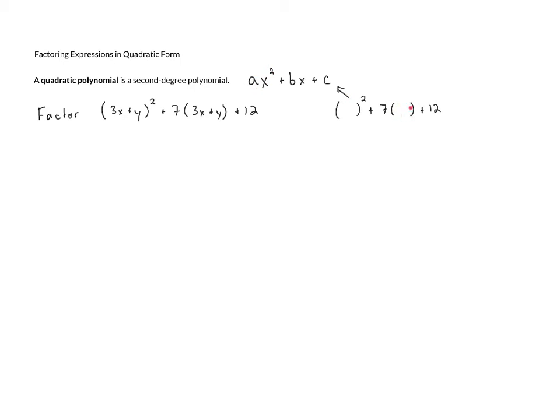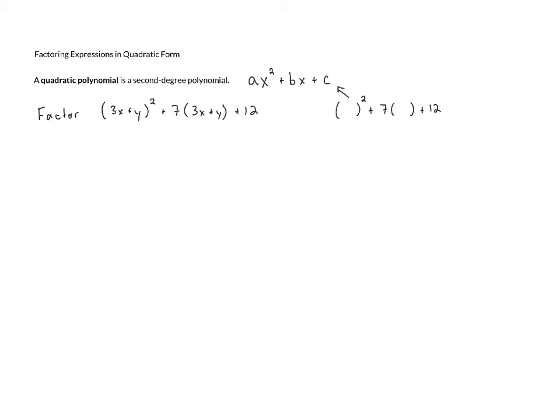The second term has that same something with a coefficient, and then the third term is a constant. So there are ways in which this big expression is very much related to a quadratic polynomial. It's just more complicated. There's two variables and there's parentheses and whatnot.